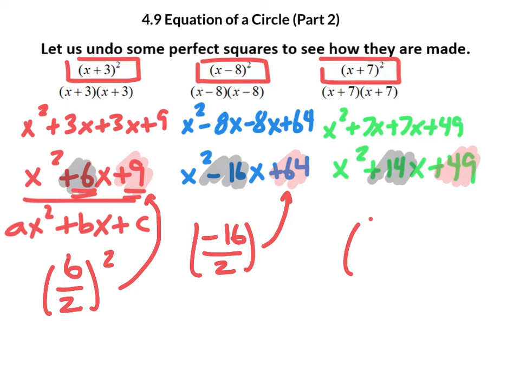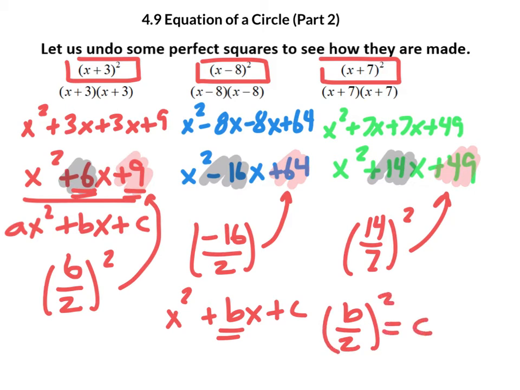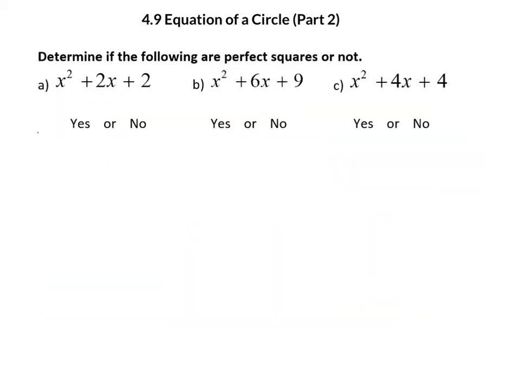And half of 14 is 7, and 7 squared is 49. So what we're learning is that if you have a trinomial and you want it to be a perfect square, and we're dealing just with lead coefficients of 1 at this stage, you would take half of b and square it to obtain c. So we can start to ask if some of these are or are not perfect, right?